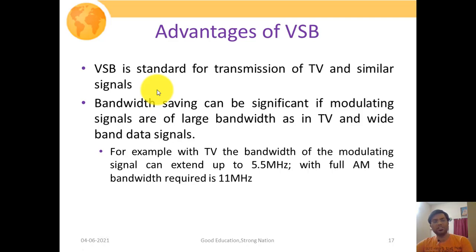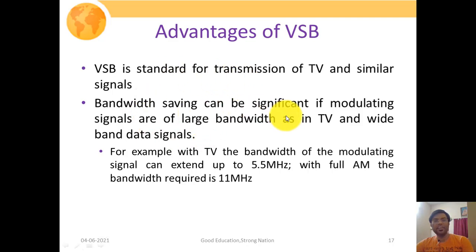So for speech applications, SSB modulation works very well. But for television or fax signals, we have a significant amount of information at lower frequency components also. So SSB is not a good choice for these types of signals, and here we use the VSB signal.